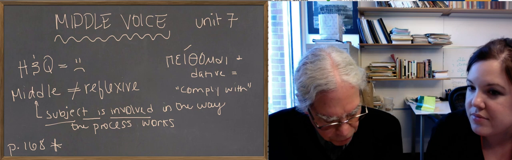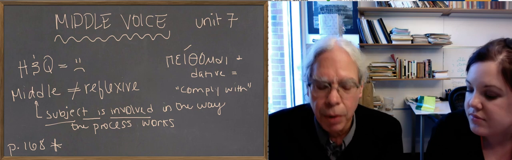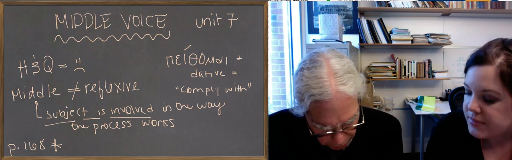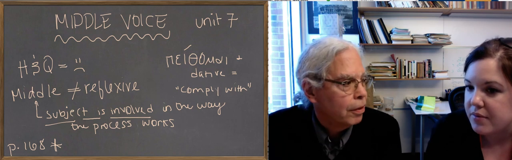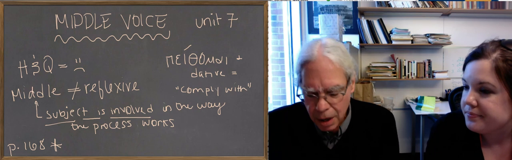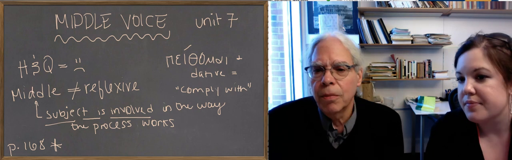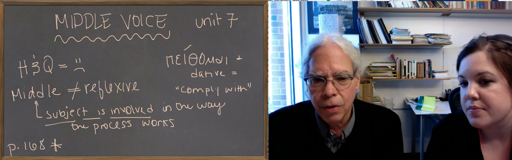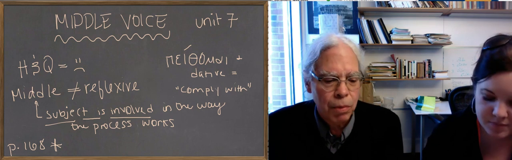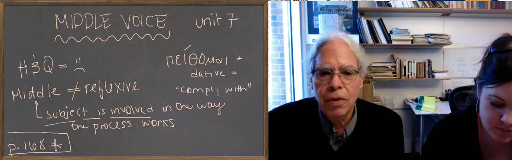Lastly, there's phulatto, that means to guard someone or something. And then in the middle, it means to be on guard against someone. Right? All right. I think that's what we want to say at the moment about the middle. And what's important is to look at that list. Those are the verbs whose middle meaning we need to understand, and they'll give you a sense of how it works.